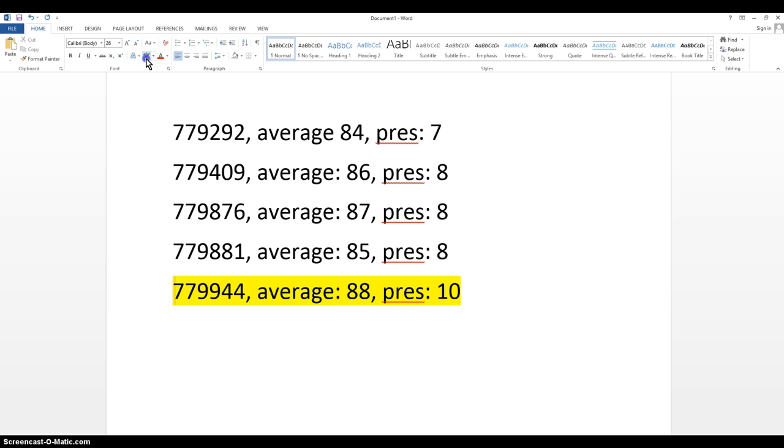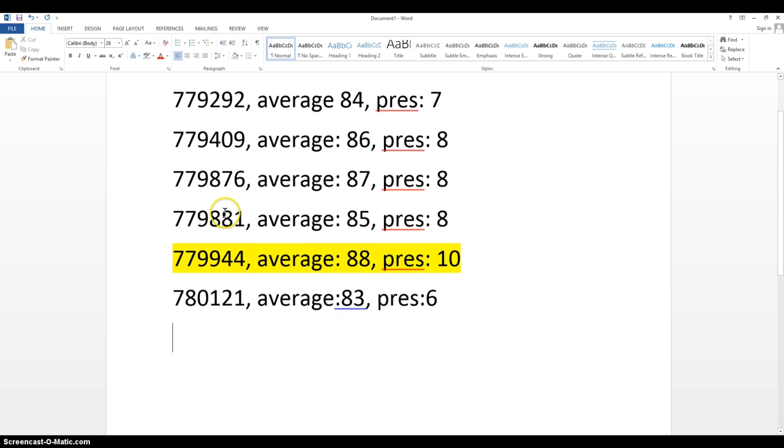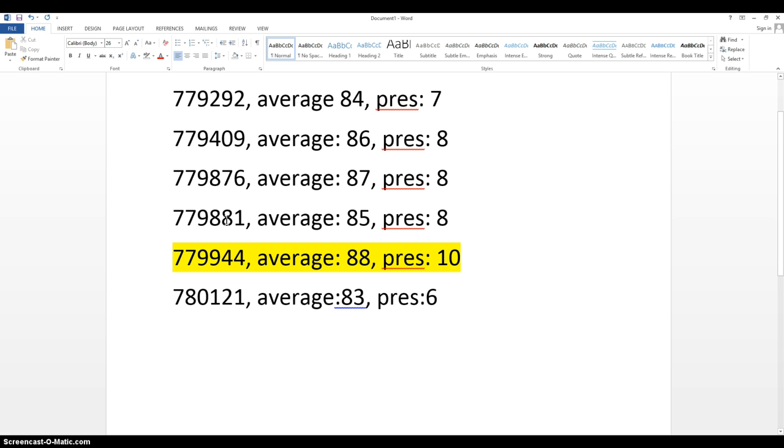So let me go ahead and highlight you because this is your official average. Next one is 780121. Your average is currently an 83. Presentation wise, you're looking at 6. Next one, 780167. Your average is currently a 78.